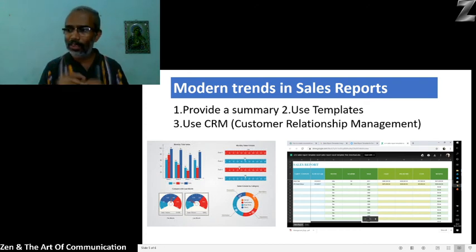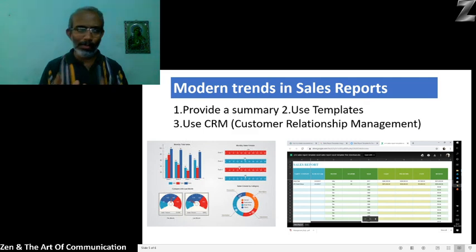And if there are 100 salesmen, they will prepare 100 reports in 100 formats. If you have a template, a predetermined format in which the person who prepares the report only needs to input the data, you will have uniform reports coming from across the field.